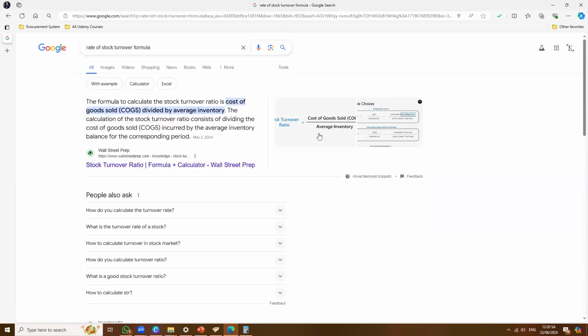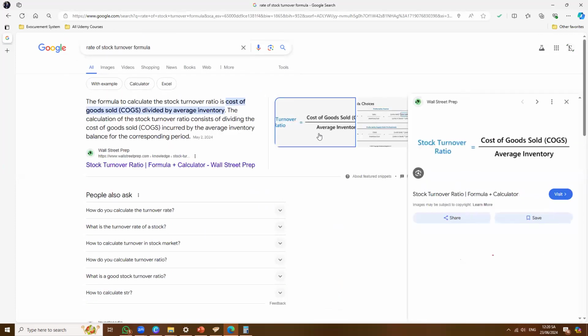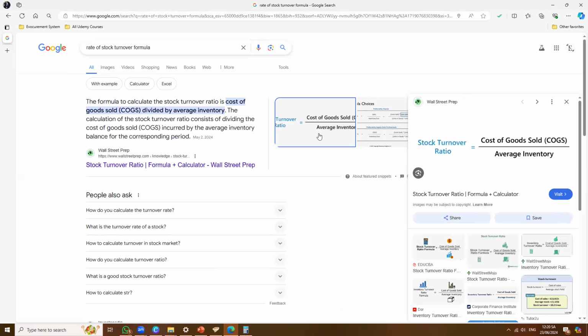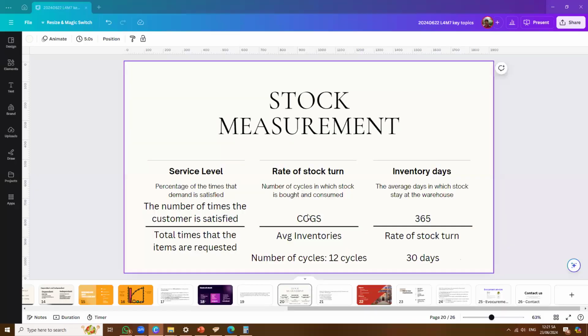So every website on accounting, on finance, on procurement, they all show the same thing. Stock turnover ratio equals the cost of goods sold divided by average inventory, just like the one that I showed you here. I just use the abbreviation due to the space.